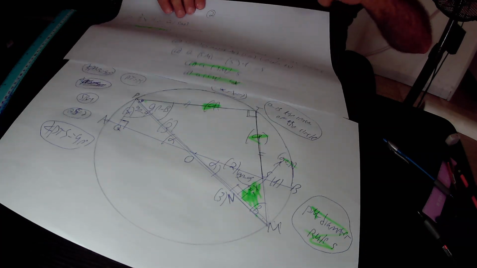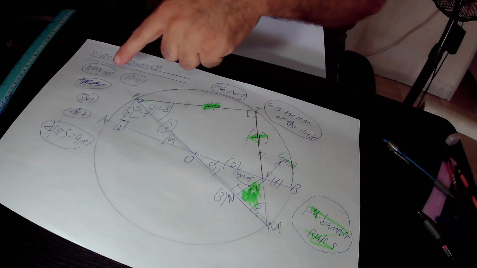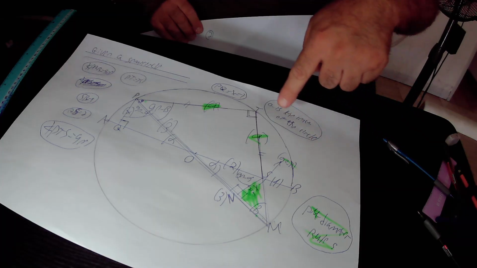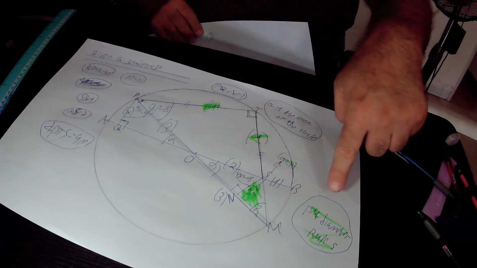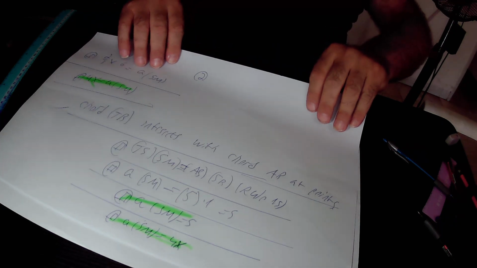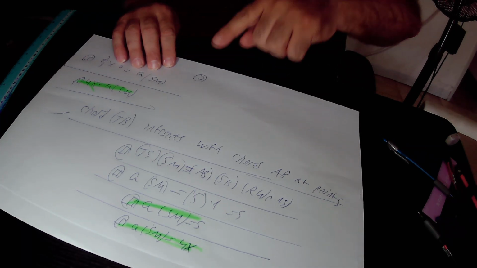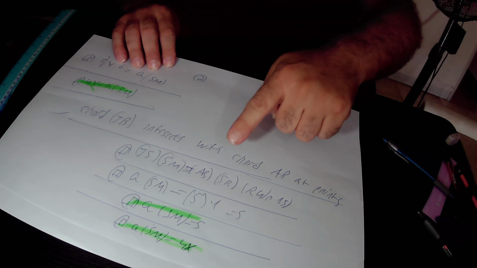According to rule 15, TS times SM equals AS times SB.